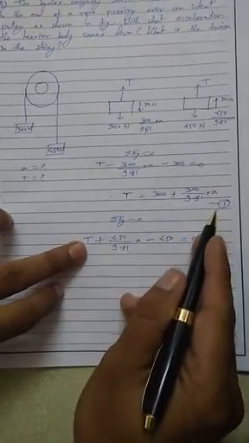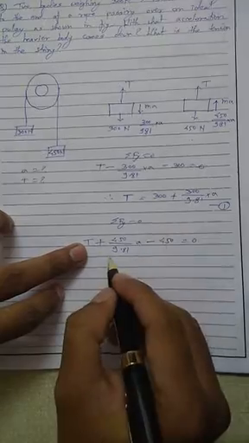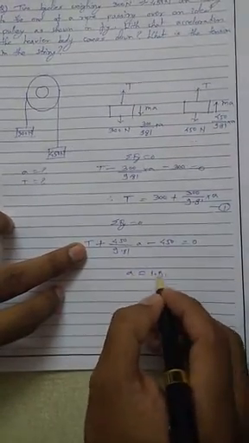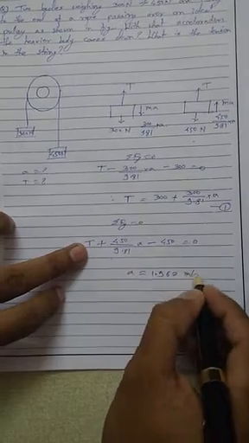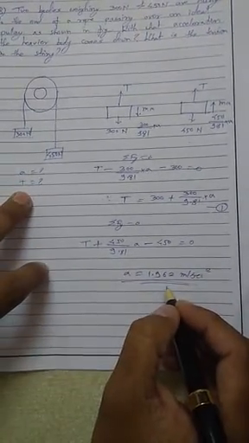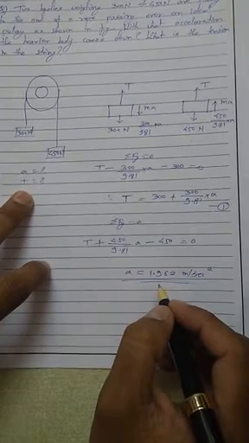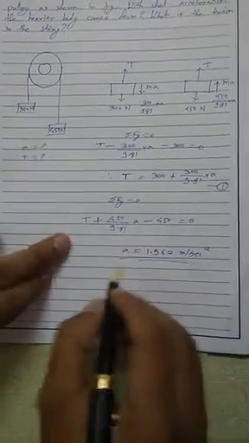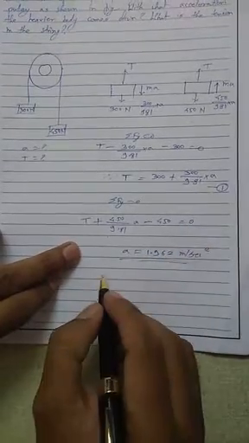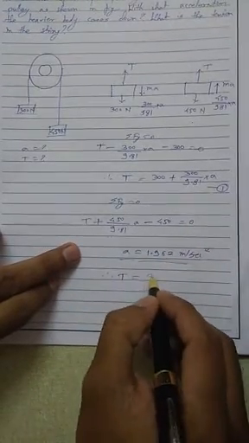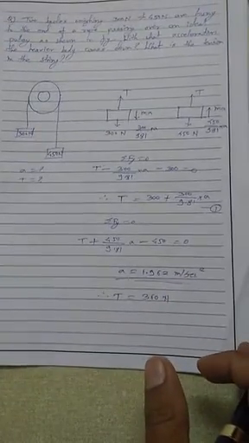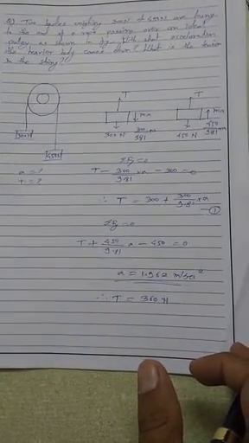We put the value of T from equation 1 into this equation and get the acceleration A as 1.962 meter per second square. Next, we also find the tension in the string by putting the value of acceleration in equation 1, which gives the tension as 360 Newton. So these are the problems based on D'Alembert's force or inertia force, or D'Alembert's principle.